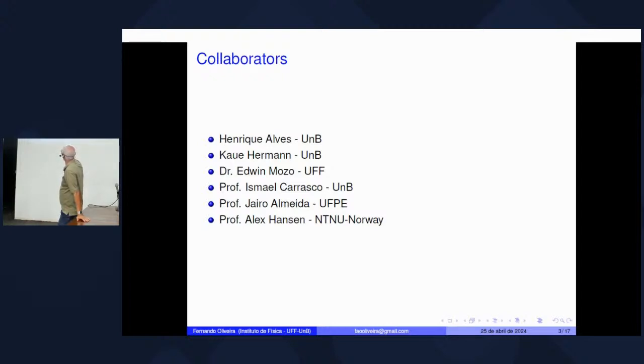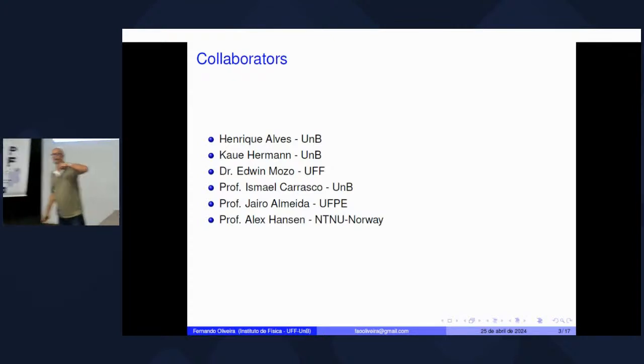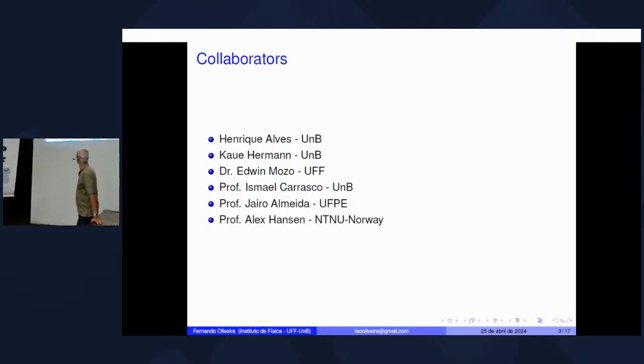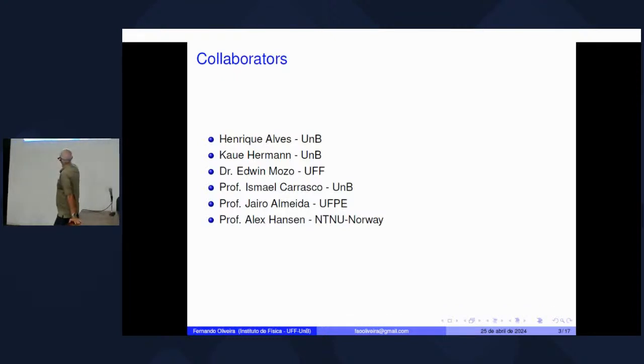Jairo Almeida is very new. He is going to collaborate more in the second part, which is disordered systems. Jairo Almeida is the famous Almeida from the Almeida-Thouless transition. And Professor Alex Hansen from the Norwegian University of Science and Technology, Norway.